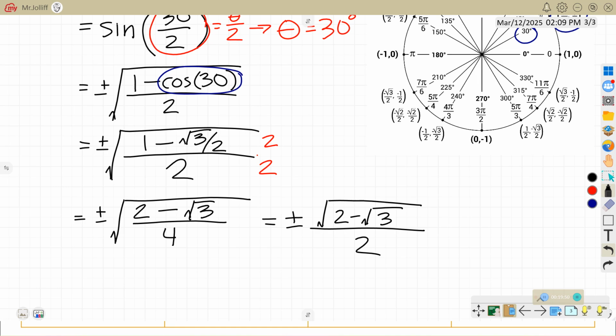Yes. I no longer have nested fractions. I no longer have square roots in the denominator, meaning this is as pretty as it's going to get. Yeah, I can't really do anything about the nested square roots. That's just, it is what it is. Sometimes trig is ugly.